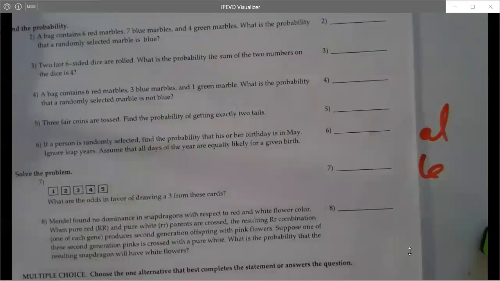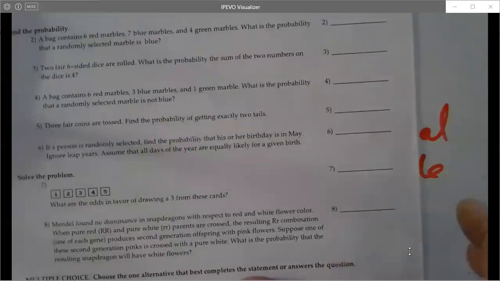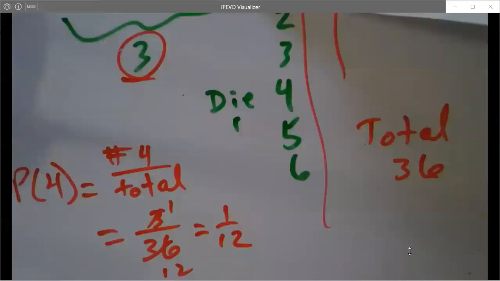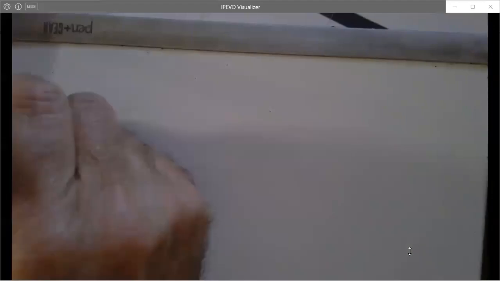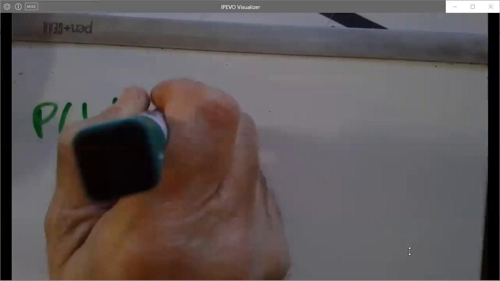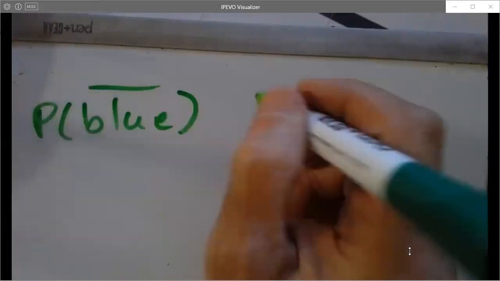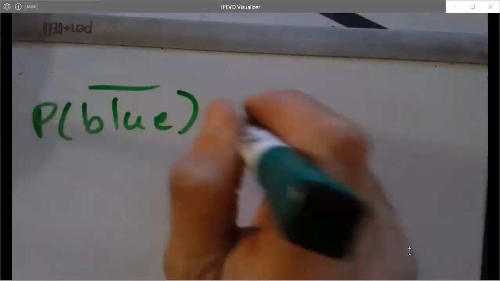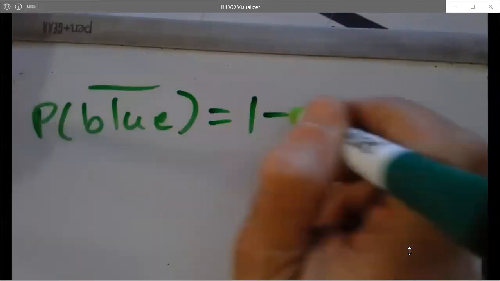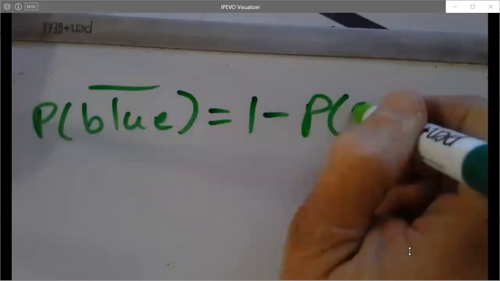Now, with the larger numbers, like, what if you had 100 marbles and they were like 10 different colors? Then for the probability of not selecting a blue, it's usually written with a bar over it, it's 1 minus the probability of selecting a blue.